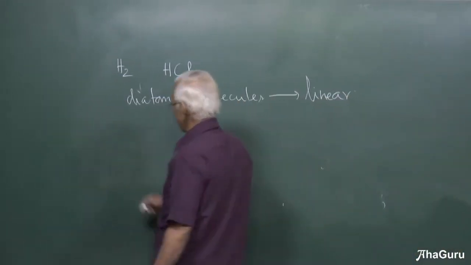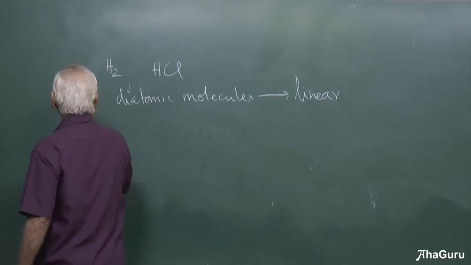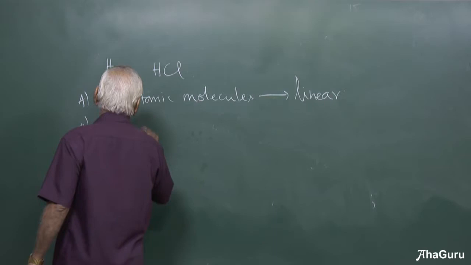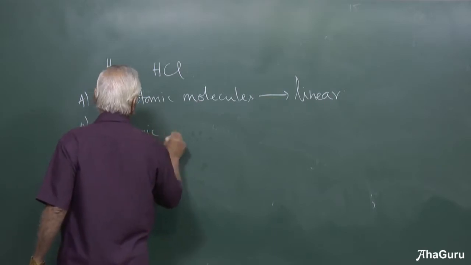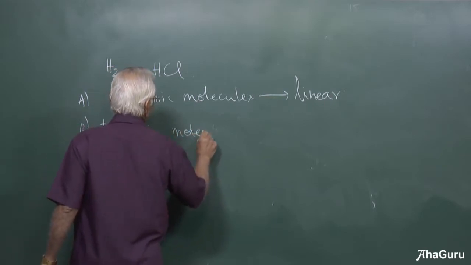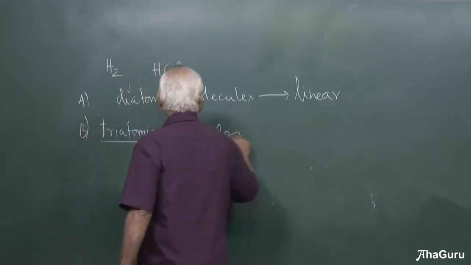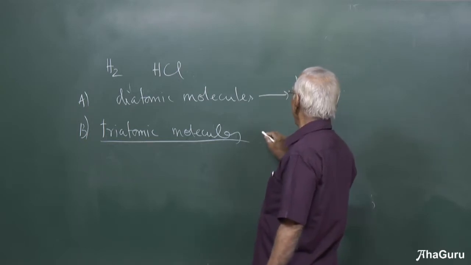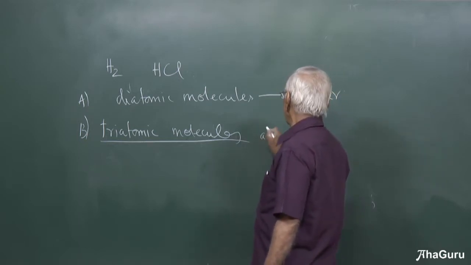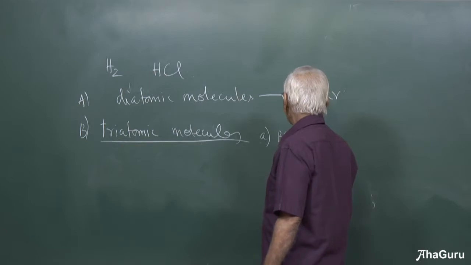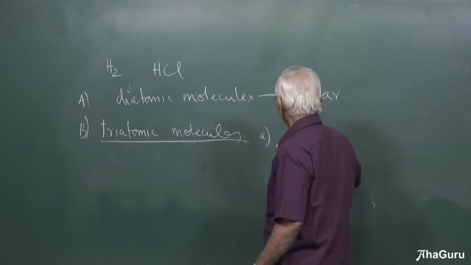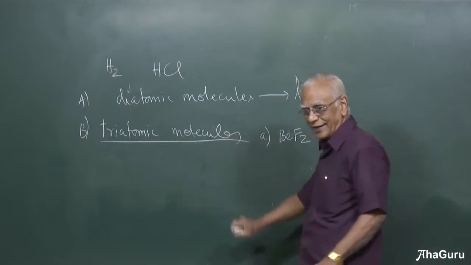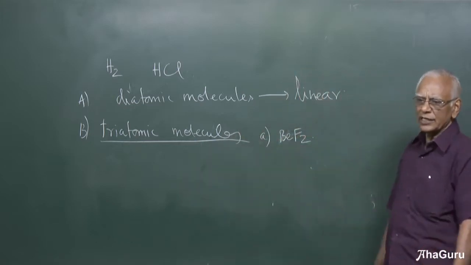Now we will go to triatomic molecules, AB2 triatomic molecules, containing only bond pairs and lone pairs. BF3, BeCl2, BeF2, beryllium difluoride.